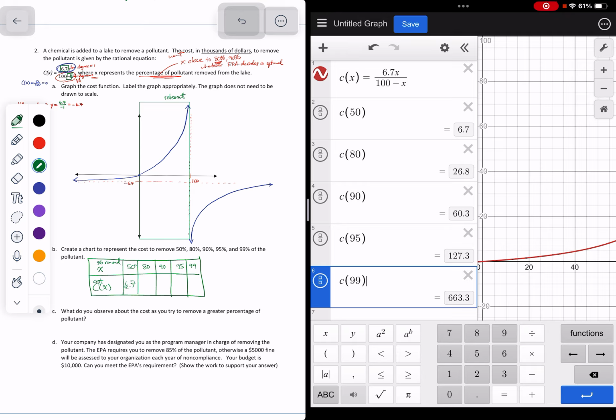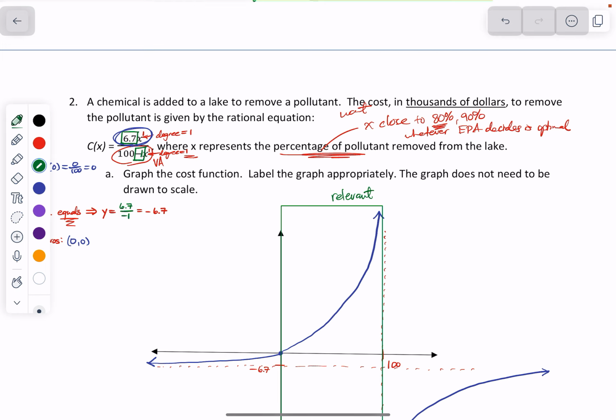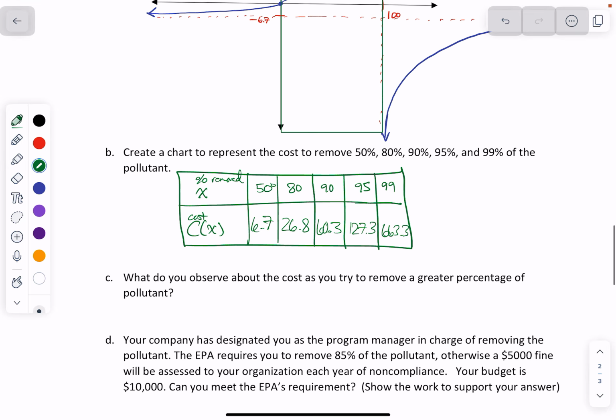Wonderful. 26.8. And then we have 60.3. Then we have 127.3. 663.3. These are all in dollars. Cool.